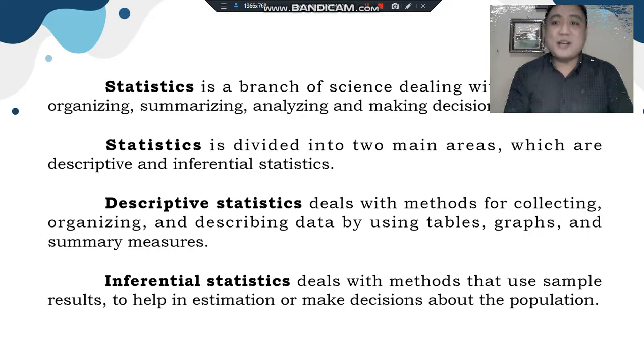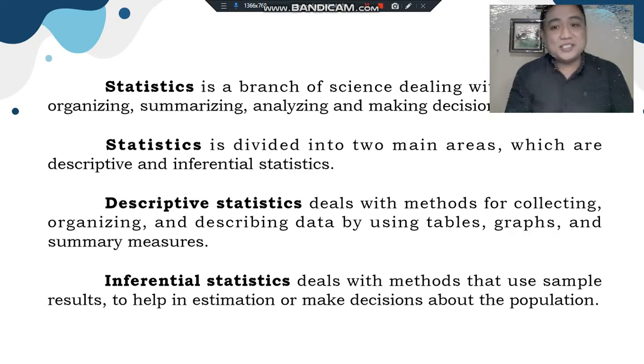For example, in our practical research one, maybe we interviewed males and females, then we presented our data in tabular form. Sometimes we also use different graphs like line graph, bar graph, pie graph, or other graphs related to our studies to make it more presentable to the eyes of the public.